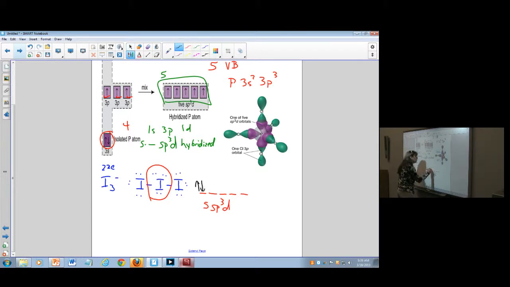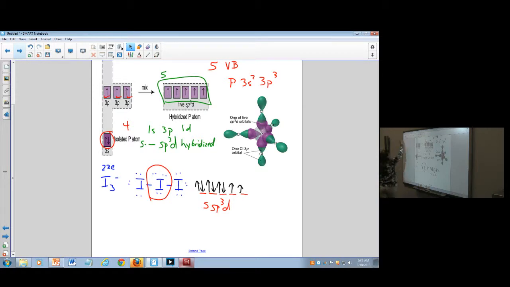I'm going to fill those lone pairs of electrons into the sp3d hybrid orbitals, and then for each bond, I'm going to end up with 1 electron in each atomic orbital spinning in the same direction. So you always have to account for all of the lone pairs of electrons on this.